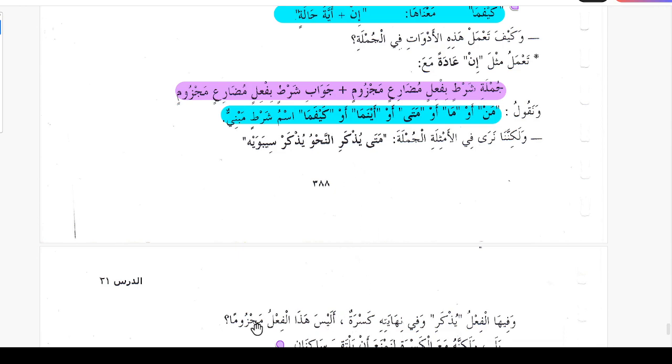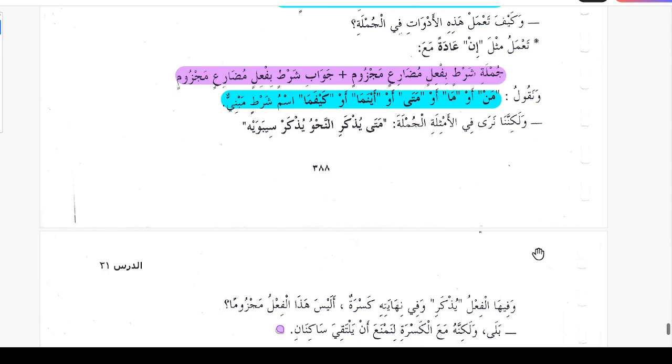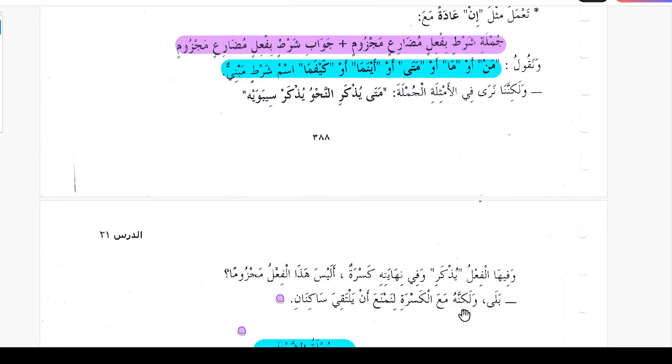Should this not be majzoom, like we said it should be fi'l mudari' majzoom? Of course, but this kasra is used to prevent two sukoons.